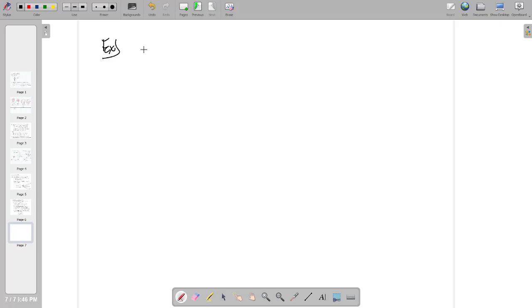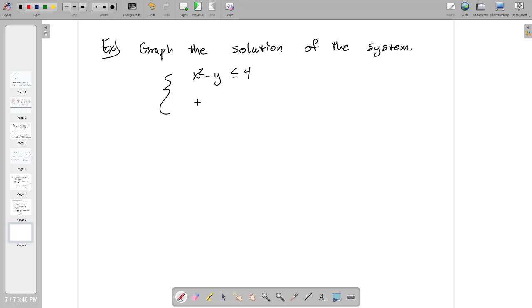Example: graph the solution of the system. x squared minus y less than or equal to 4. 3x minus y greater than 0.